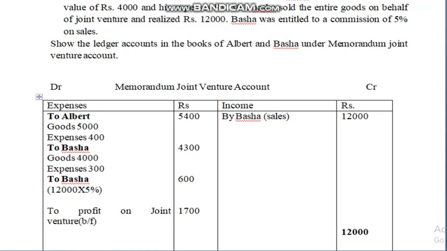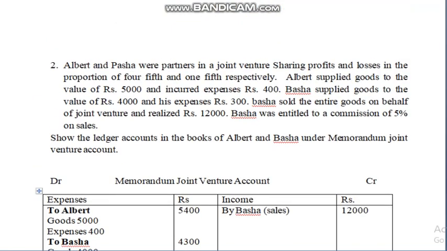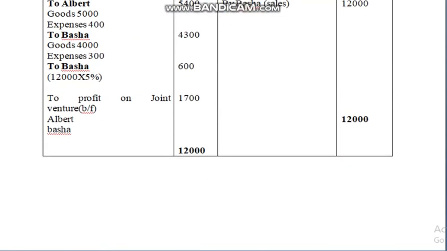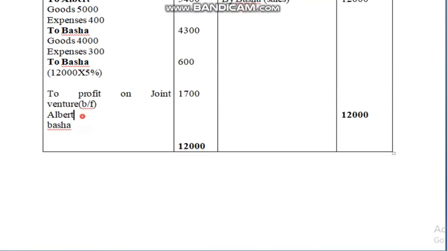So that should be distributed to Albert and Basha in their profit and loss sharing ratio, which is 4/5 and 1/5. Based on this ratio, divide the profit of rupees 1,700 between Albert and Basha.